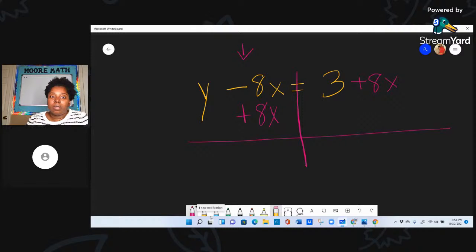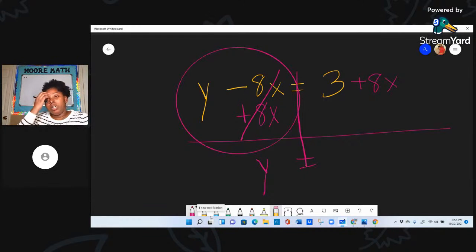The negatives. What negatives? Look on this side of the equation. What happens now when I add 8x? Y equals, they can solve. Good. So y equals, keep going. 8x plus 3. Good. Nice. You got it.